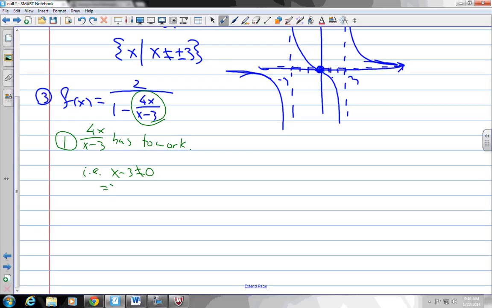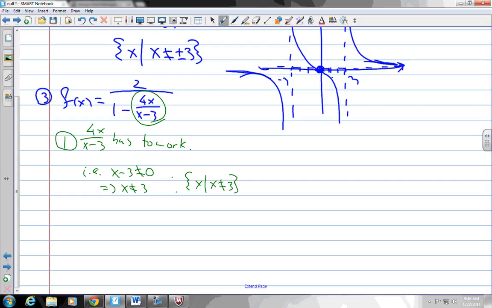So that means x cannot be 3. So the domain of this little fraction would be all x such that x cannot equal 3. So we have to make sure that that little fraction is happy. Because if you just multiply top and bottom by x minus 3, you'll actually lose that x minus 3 factor. You might not be able to catch it later. See what I mean?